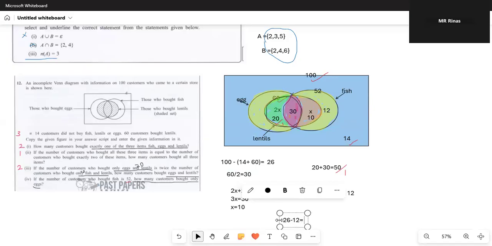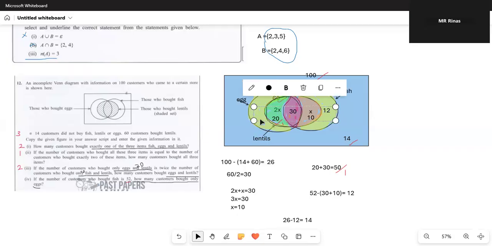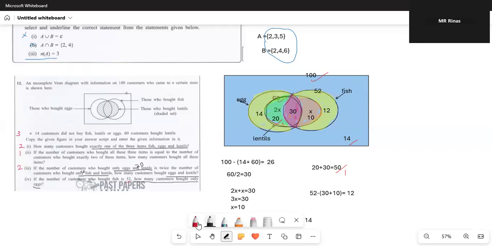So the answer is 40. Now if you get the answer of 12, the only egg is 40.